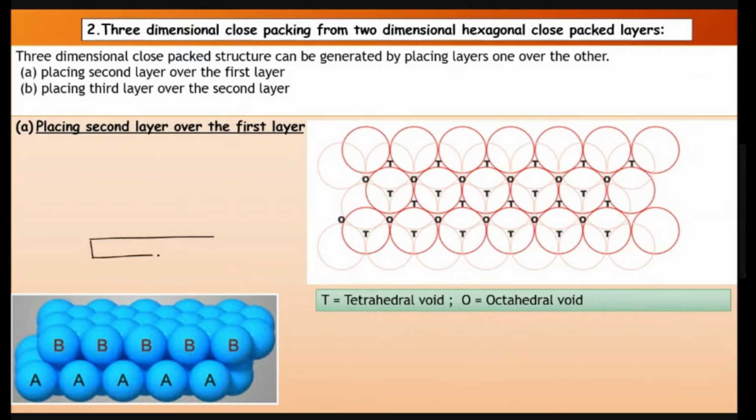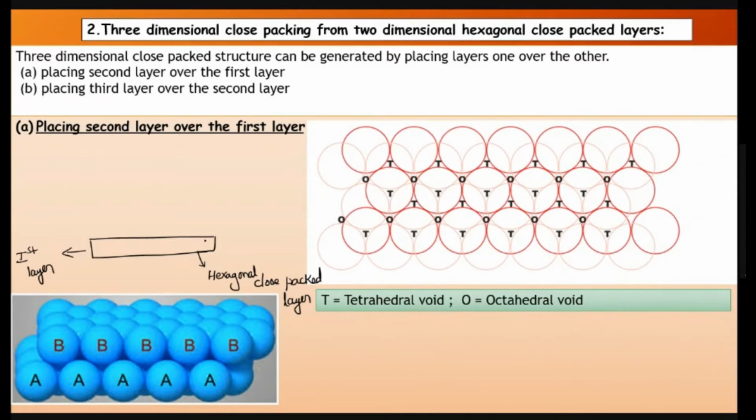Say for example, this is your first layer. What kind of layer is this? This is a hexagonal close packed layer. Don't worry about the diagrams, we'll talk about this later.